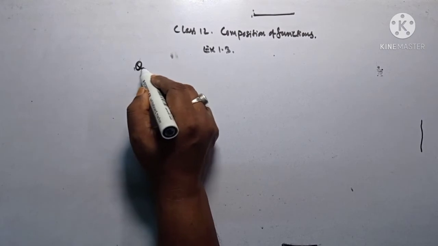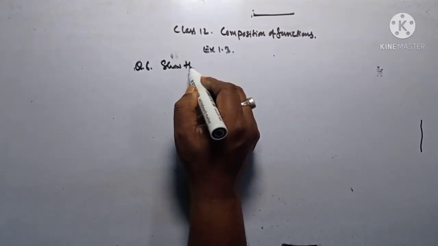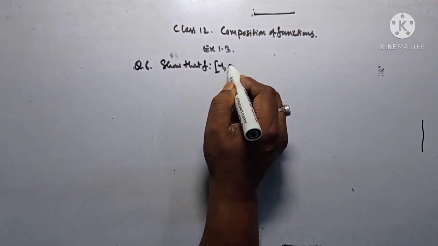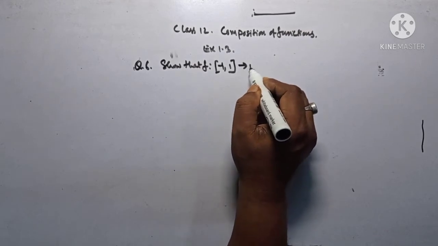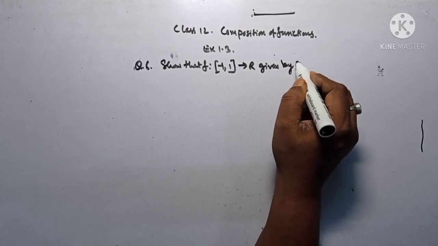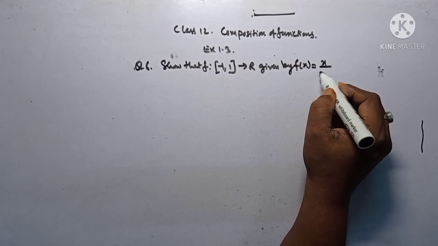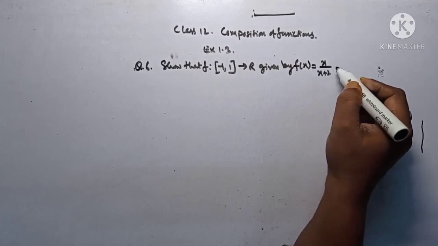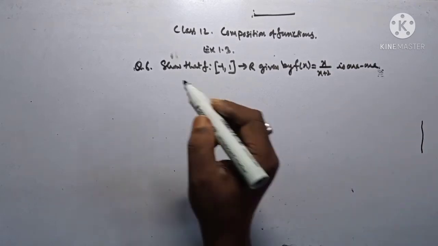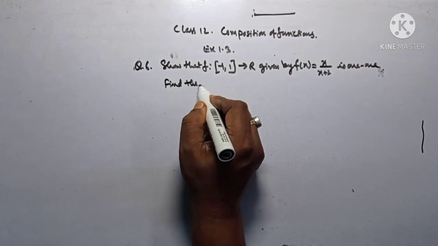Now I'm going to question number 6, that is f from -1 to 1 to R given by f(x) is equal to x by (x plus 2) is one-one function, and we have to find the inverse.